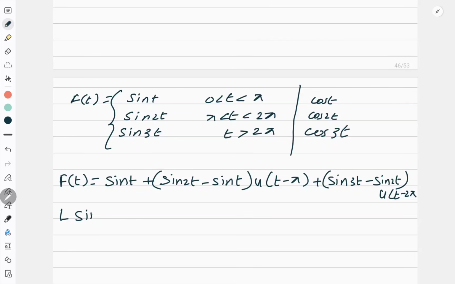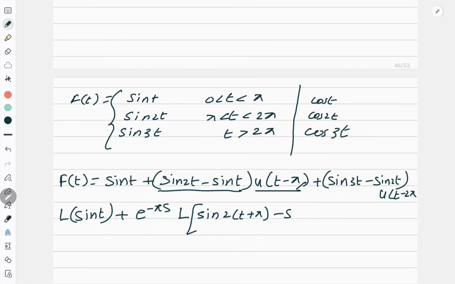So Laplace of sin t. Plus, now here function with unit step function. And what is a? Pi. So e to the power minus pi s and Laplace of the function. But in place of t, I should put t plus pi: sin 2 of t plus pi minus sin of t plus pi.